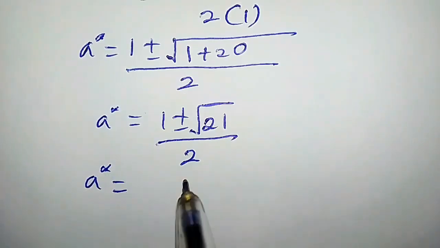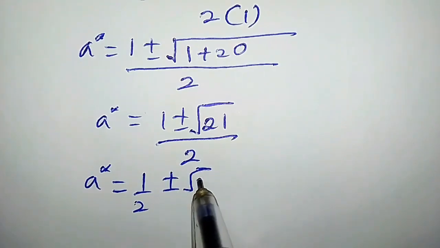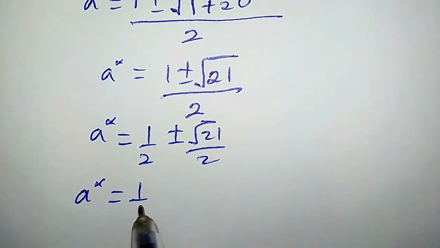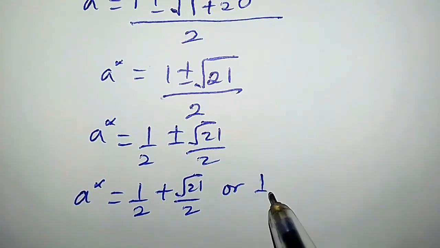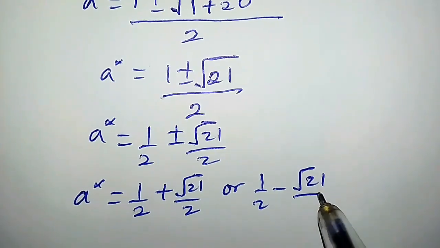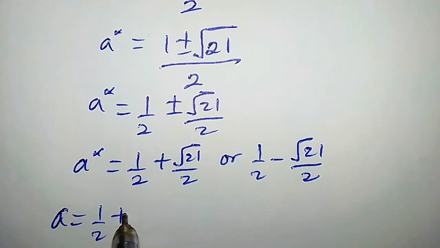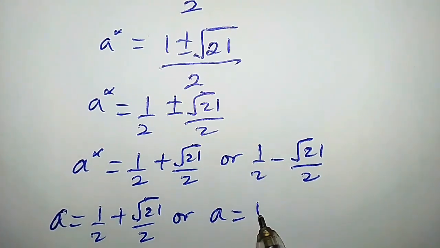This can be written as 1/2 plus or minus √21/2. So a star is 1/2 + √21/2, or 1/2 − √21/2. Don't forget that a star is the same thing as a. So a is 1/2 + √21/2, or a is 1/2 − √21/2.